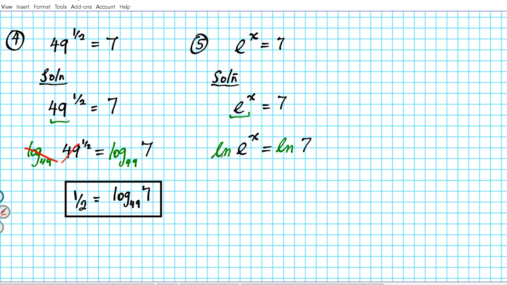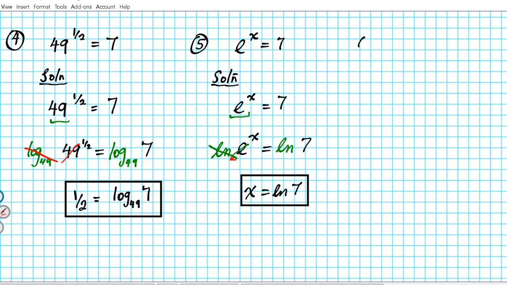Okay, so the natural log and e cancel each other because there's an invisible e right here for the natural log. So keep that in mind. So these two take each other out, and you're left with x is equal to the natural log of 7 as the equivalent logarithmic form of the original exponential equation e to the x equals 7.